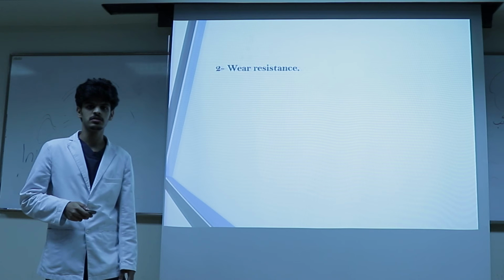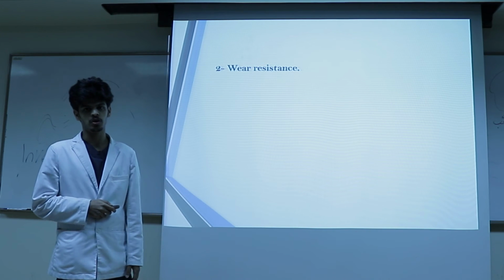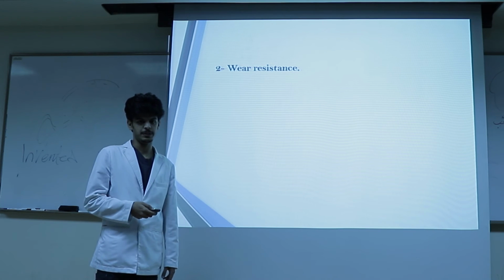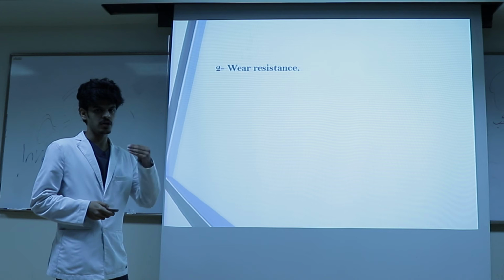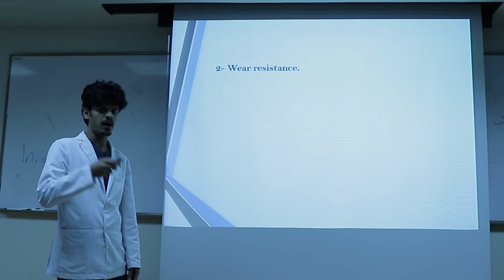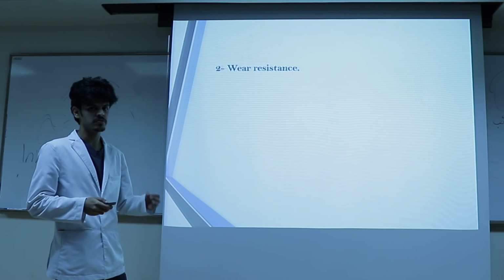Wear resistance. A high wear resistance may contribute to the longevity of the restoration. Because the posterior region of the mouth undergoes high forces, the high occlusal forces, we need high wear resistance.